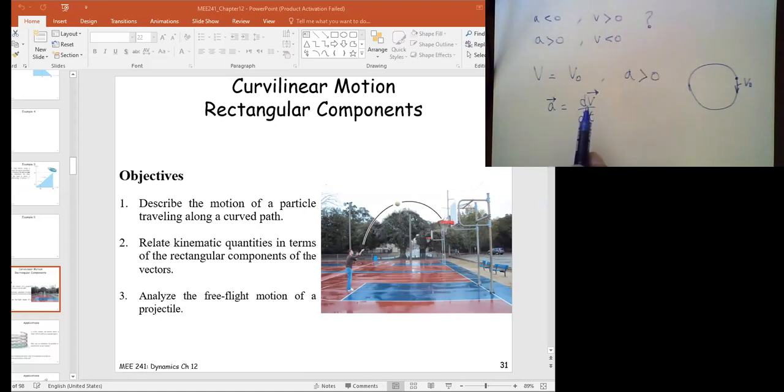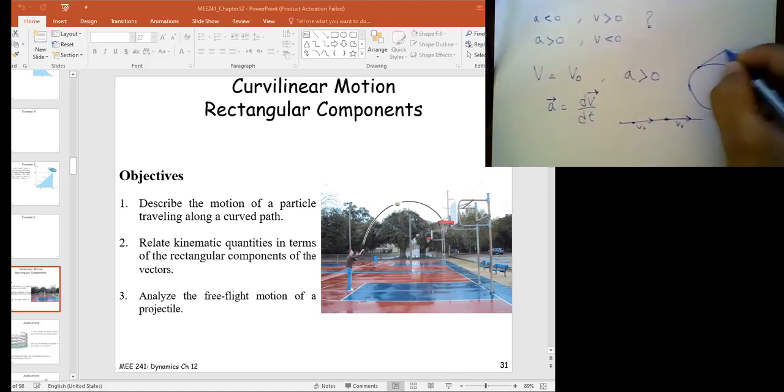The only instance where a constant velocity gives zero acceleration is if you are going along a straight line, so your velocity vector is not changing and its magnitude is not changing. It's v0, v0, so obviously dv/dt is zero. So you would have an acceleration if your velocity vector is changing.